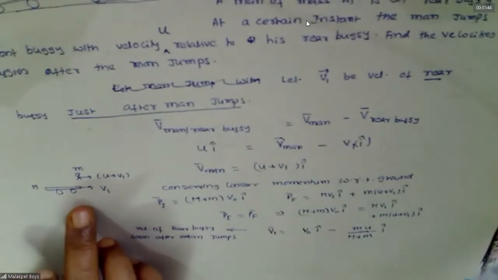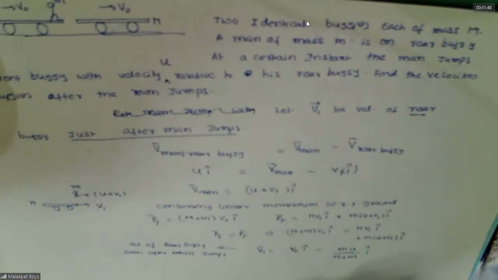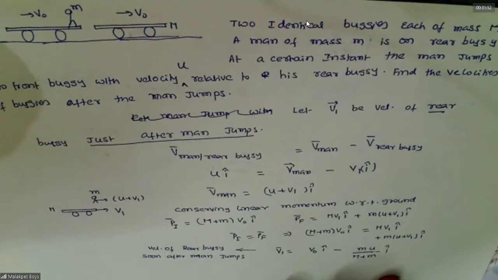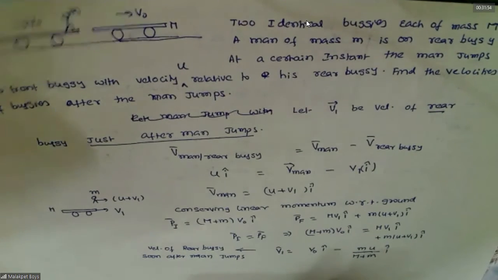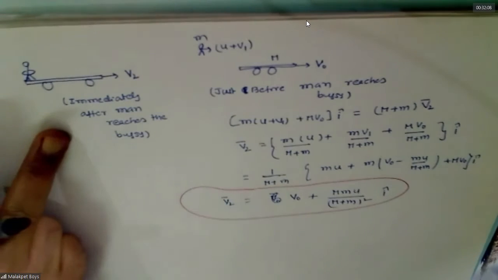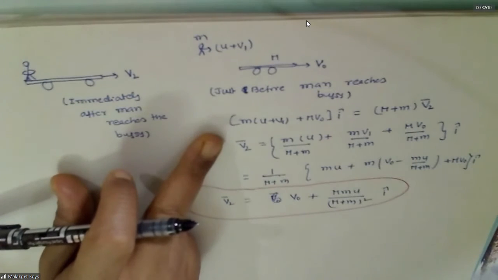In that next page, sir, this should be M into U plus V1 plus M V1, na sir. The first equation.